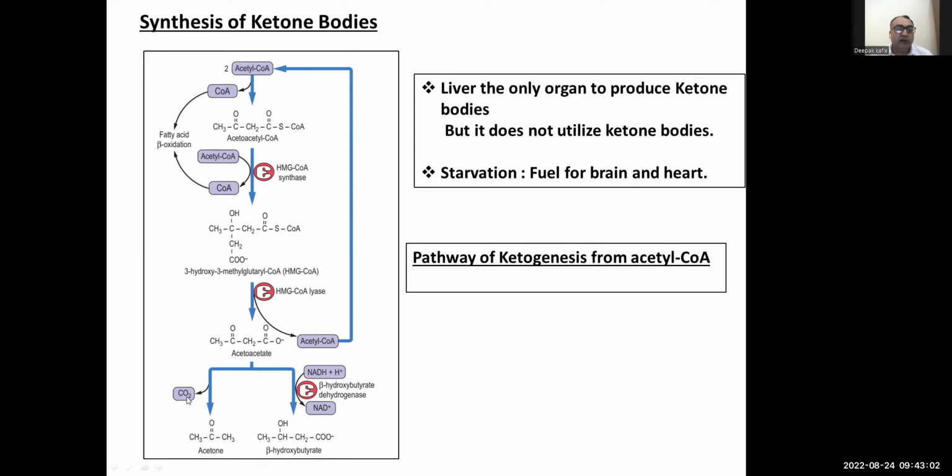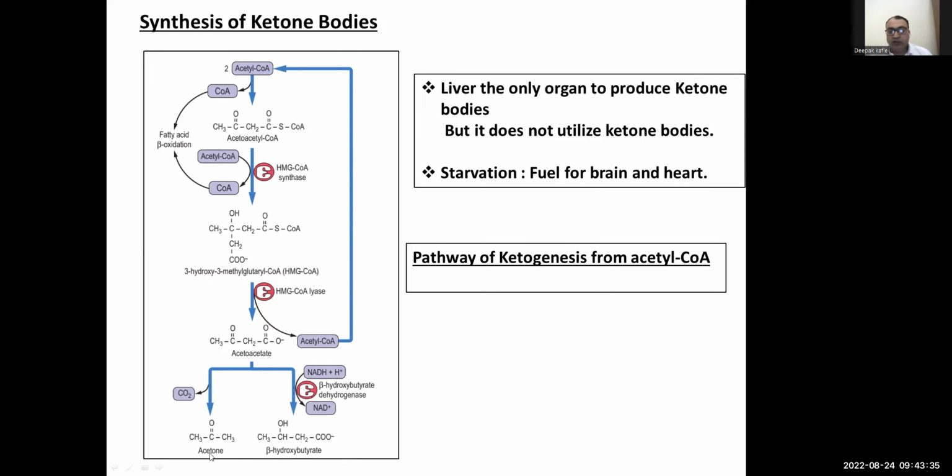The spontaneous decarboxylation of acetoacetate leads to the formation of acetone, and this acetone is an organic ketone body, a volatile substance, and when it is exhaled through the lungs, it gives a fruity smell to the breath. And when acetoacetate gets reduced by means of the enzyme beta hydroxybutyrate dehydrogenase, utilizing NADH, it will be converted to beta hydroxybutyric acid.